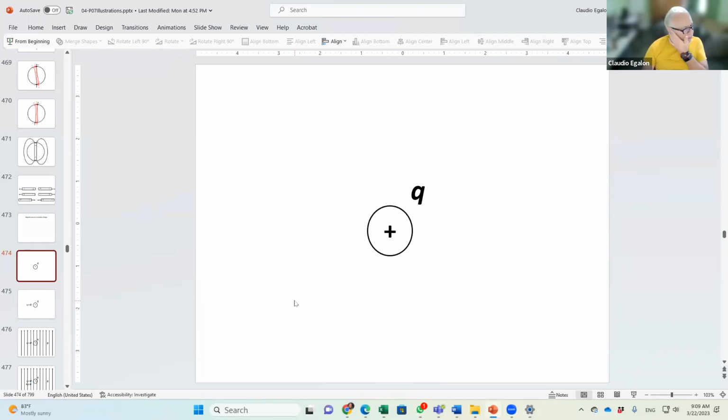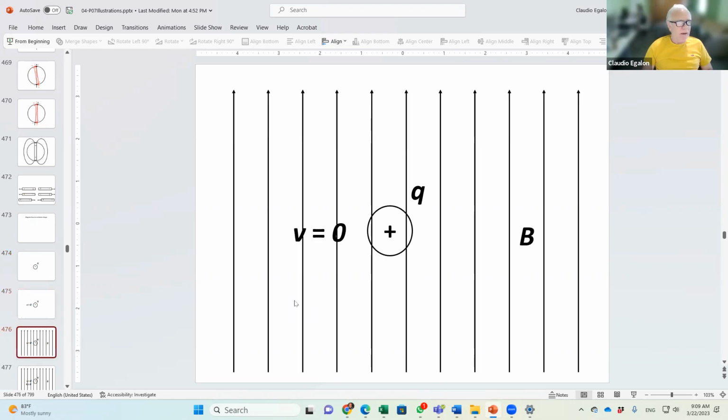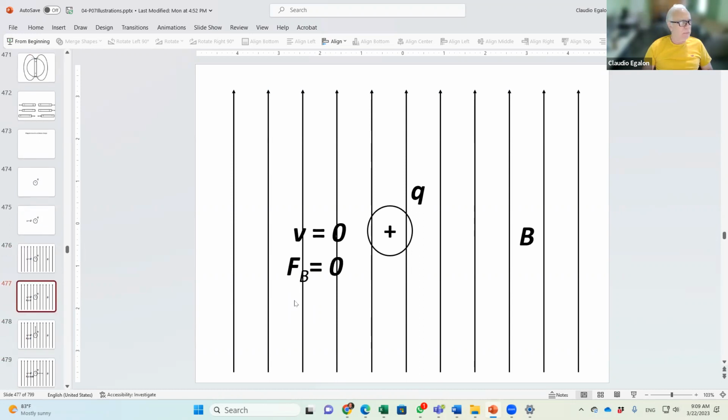And that's another law of physics, that there is also a force applied to a moving charge, but it has to be a moving electric charge, and the charge must be moving in a specific way. If the charge is at rest, like this one that you see here, there is no magnetic force whatsoever. The magnetic force is going to be equal to 0.